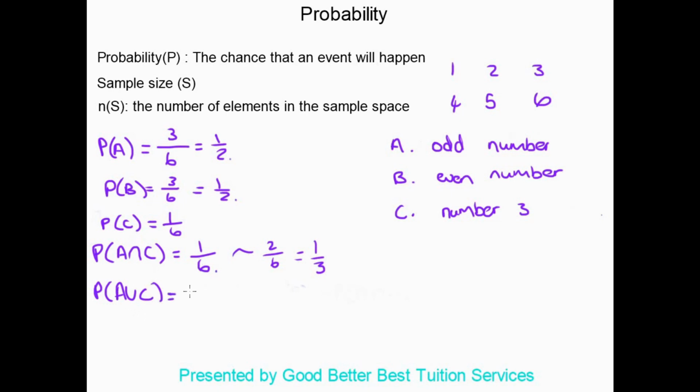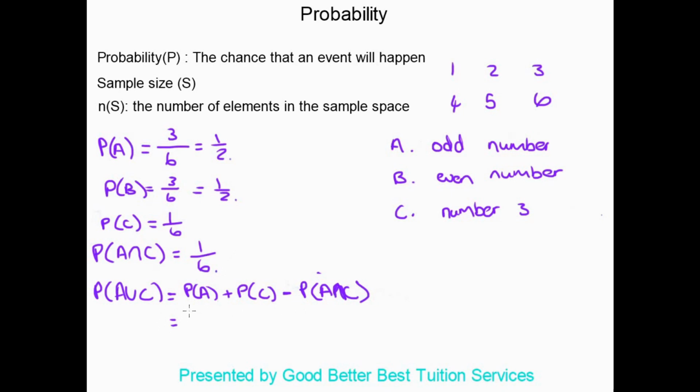And basically the equation for this is we have to look at the probability of event A plus the probability of event C minus the probability of event A and C. Sorry, I messed up the sign there, but let me just erase this so we don't get confused as well. Okay, and so now we look at the probability of A plus the probability of C minus the probability of A and C, which we've already worked out all of them before.